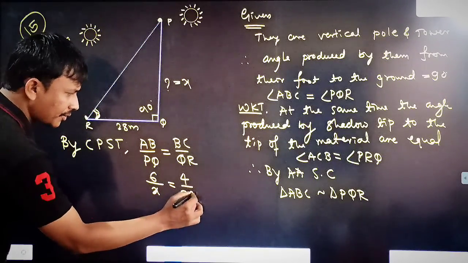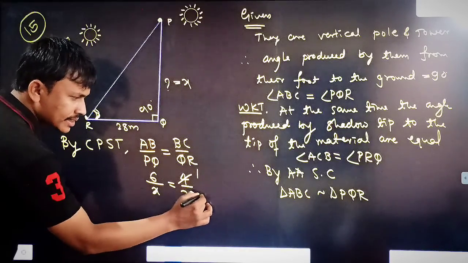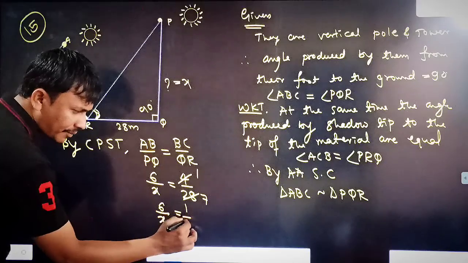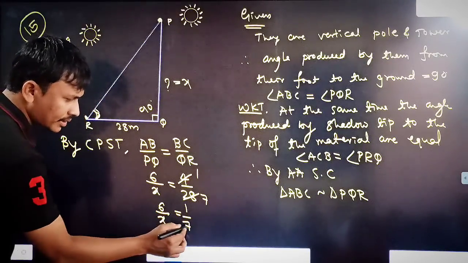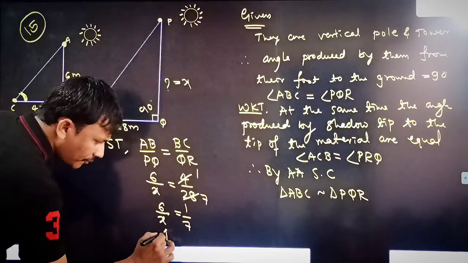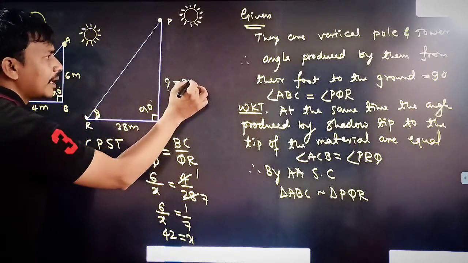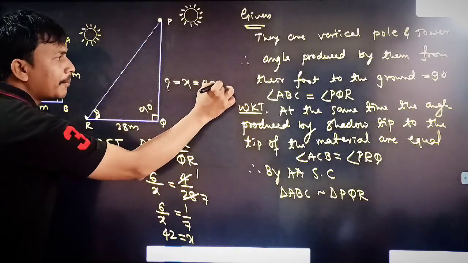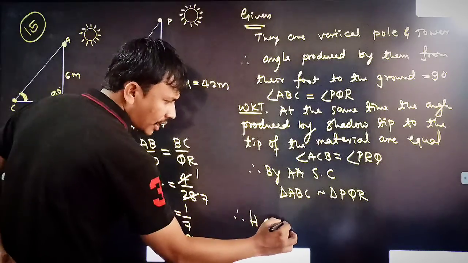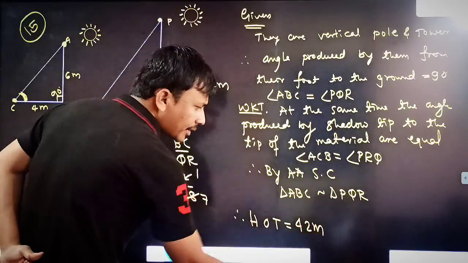QR 28. 4 ones are 4, 4 sevens are 28. So 6 divided by X is equal to 1 divided by 7. Cross multiplying, 7 sixes are 42. 42 is equal to X into 1, X. Therefore, X is equal to 42 meter. Therefore, height of tower is equal to 42 meter. This is the solution.